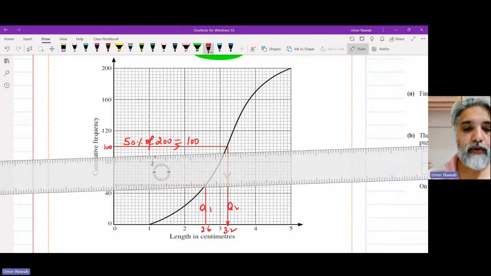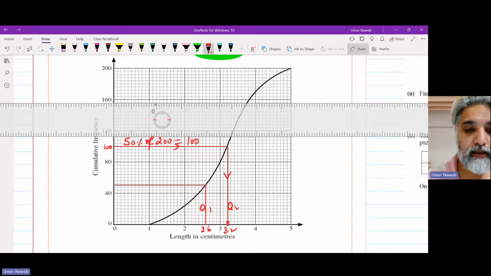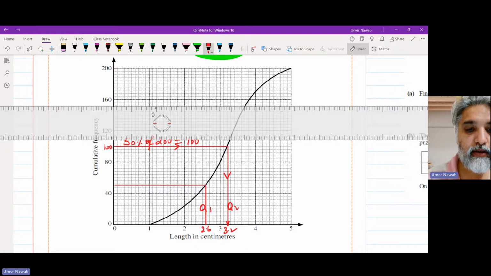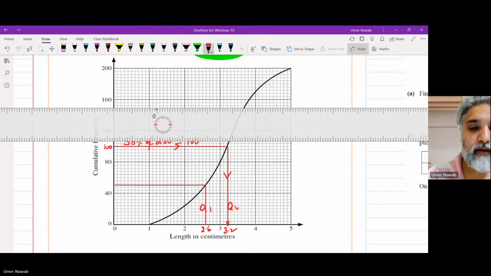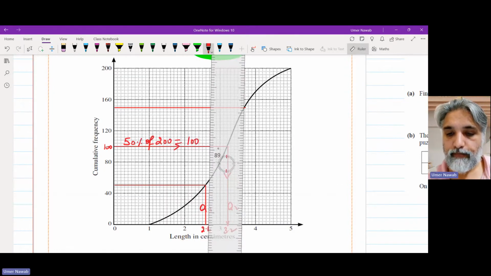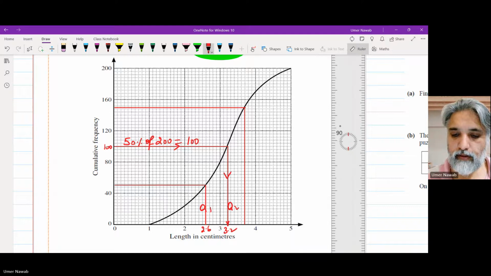Now I want to find the upper quartile, 150, guys. So this is 156, this is 152, and then this is 148. So may I take the half of that? Approximately, it gives us 2, 3, 4, 5, 6, 7, so 3.7.